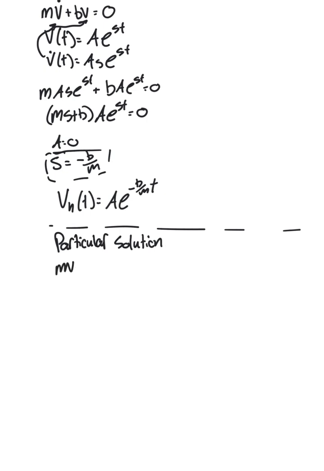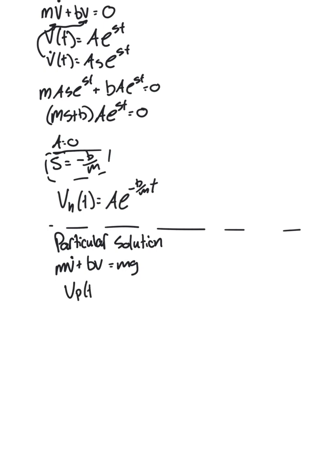And our equation was m v dot plus b v equals m g. Well, m and g are both constants here, so our input is a constant. And that method of undetermined coefficients says that if we have some constant input, the particular solution is going to be a constant.